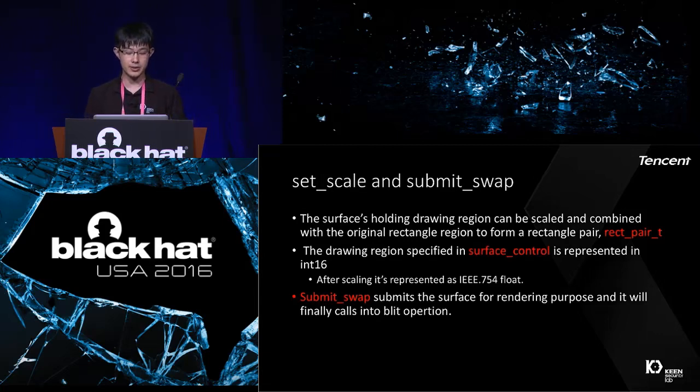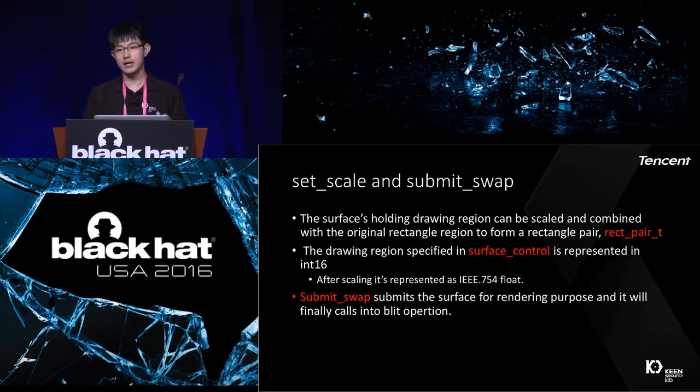The surface's rectangle region can be scaled and combined with the original rectangle region to form a rectangle pair, contained in a structure named rectangle pair T. An interesting observation is that originally we supply the surface rectangle at int16 integer format, but after set scale is called, and when we call surface control, this rectangle is transformed to a representation in the IEEE 754 format, which is a float number.